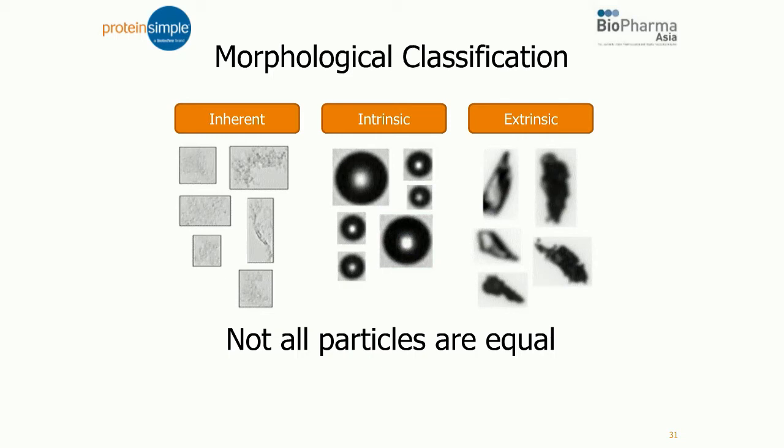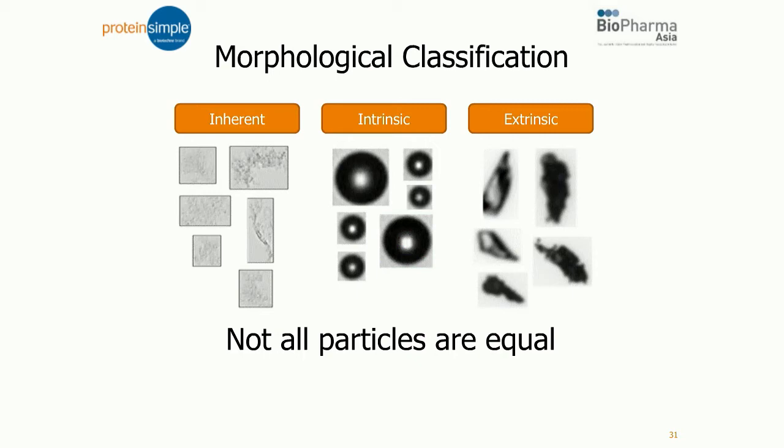There have been categories defined by the USP and Pharmacopeia agencies, and these include inherent particles, which can be particles formed of the drug product and its formulation, intrinsic particles that could be shed from the packaging or manufacturing, or extrinsic particles that are foreign contaminants that have been brought into the drug product.